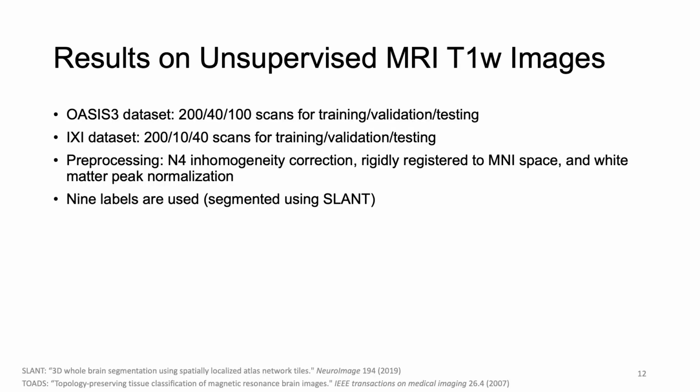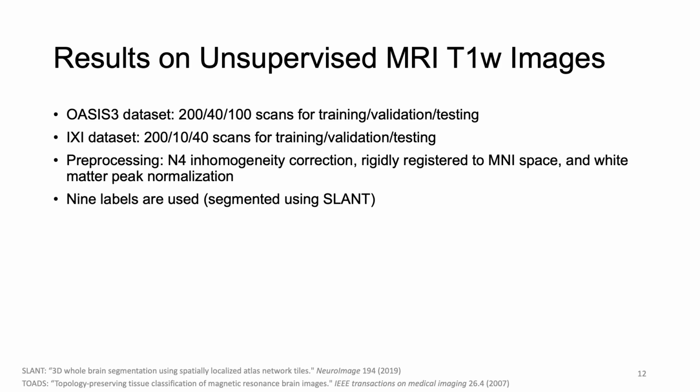Here we show the quantitative result on inter-subject registration of T1 weighted brain MR images. Scans from 2 publicly available datasets, OASIS 3 and IACL, are preprocessed and used in our experiment. Because we don't have access to the ground truth displacement field, we use an alternative approach to evaluate the accuracy of the results.